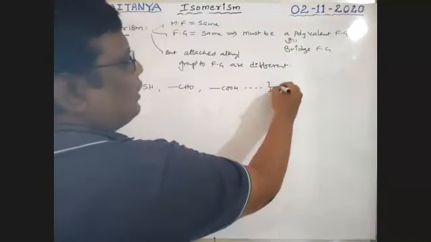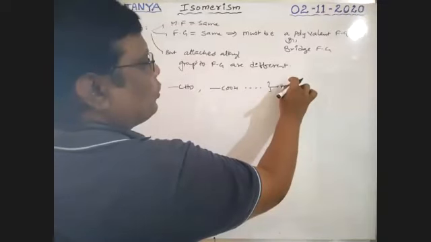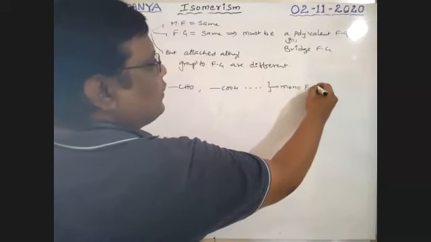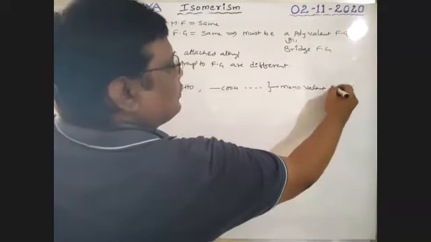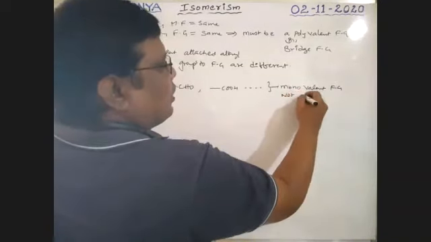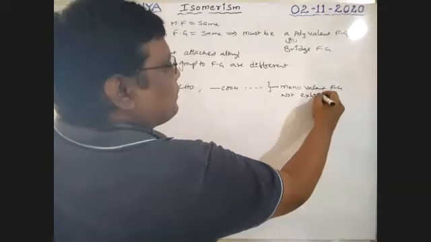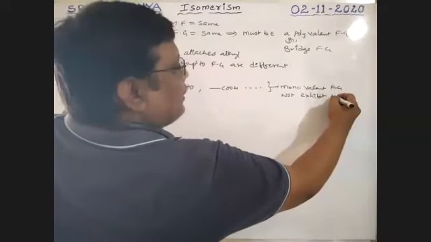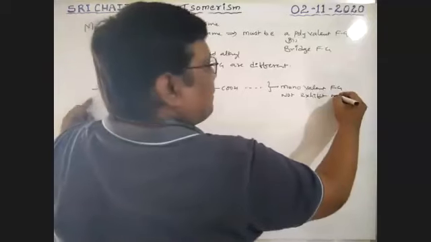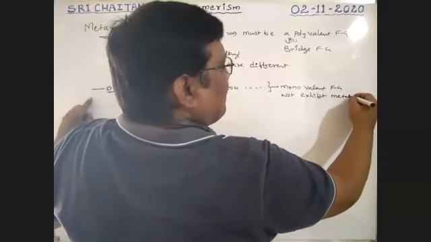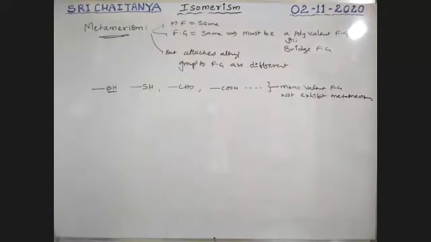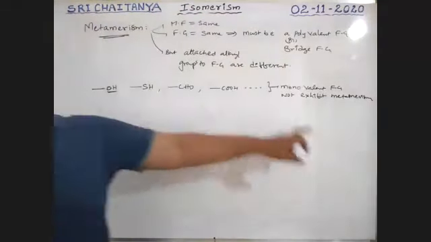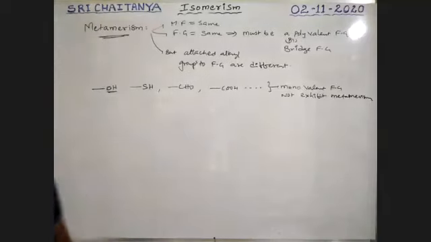Like this, all these are monovalent functional groups. They do not exhibit metamerism, boys. So single valency is there. That's why all these are monovalent and do not exhibit metamerism.